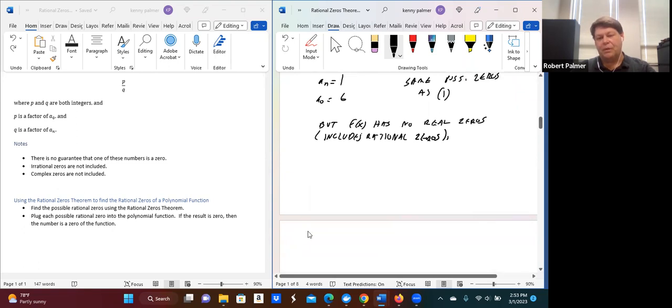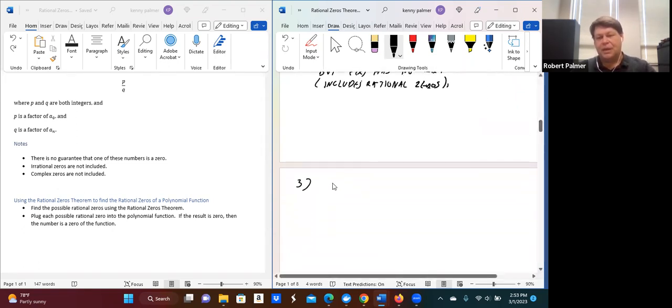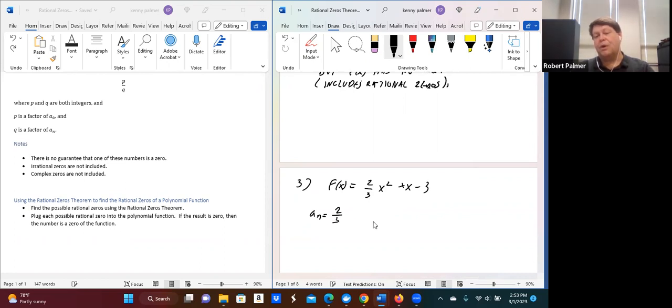Let's take a look at number 3 down here. All right. Let's say I do this. How about this time our f of x is equal to 2/3 x squared plus x minus 3. Now this is meant to be a trick question, but notice this one here, my a n is equal to 2/3, and this is not an integer.